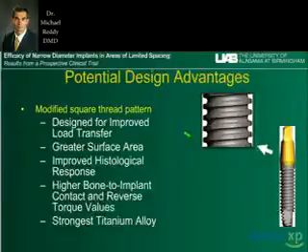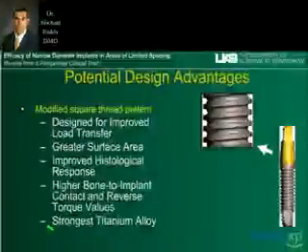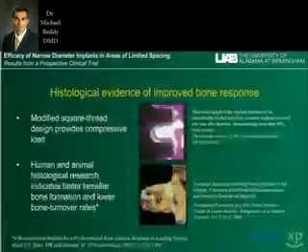And we know that there's an improved histological response to these square threads, and this high bone-to-implant contact, and also increased reverse torque values. Also, this implant is made out of a titanium alloy, which is going to go ahead and add to its strength.